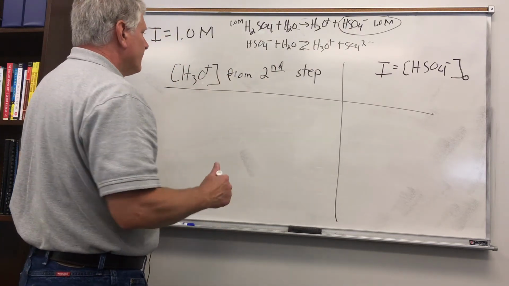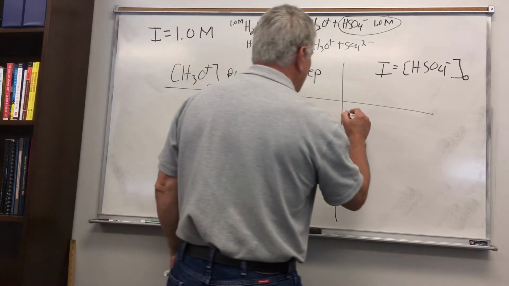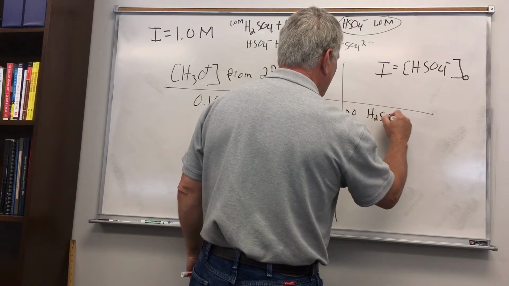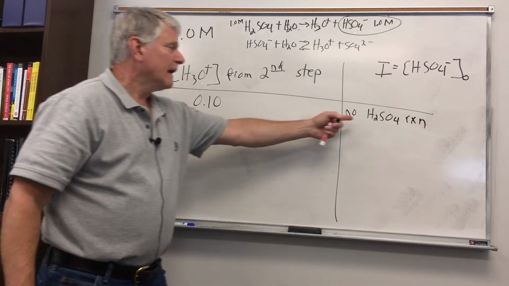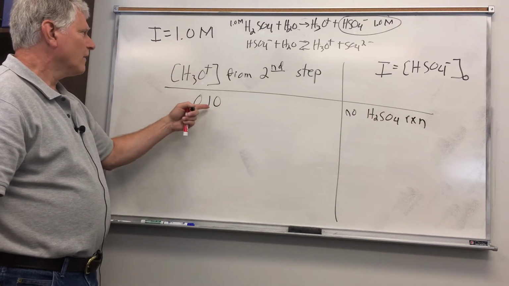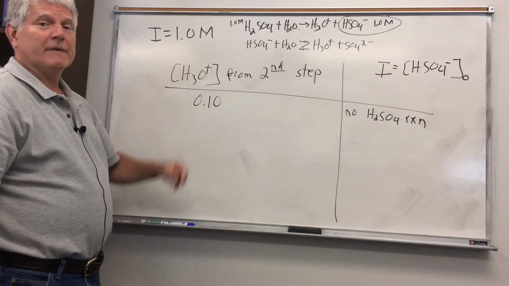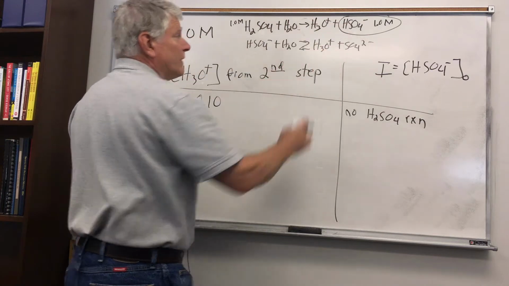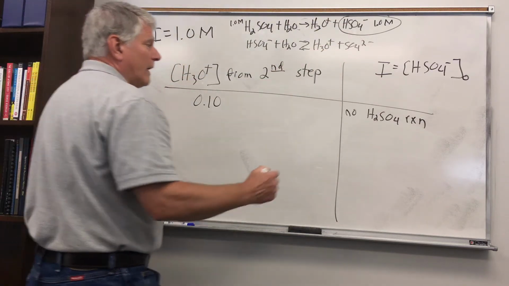Now, if we neglect the H2SO4 reaction, we saw that the H3O+ concentration wants to be 0.1 from the second step. But if we allow the first step to exist, as it actually does, then let's look at what happens.